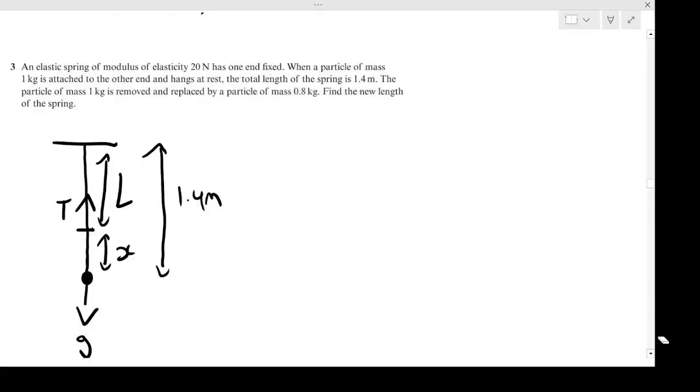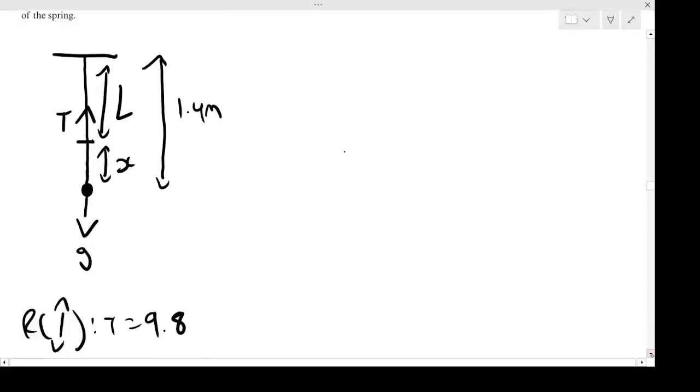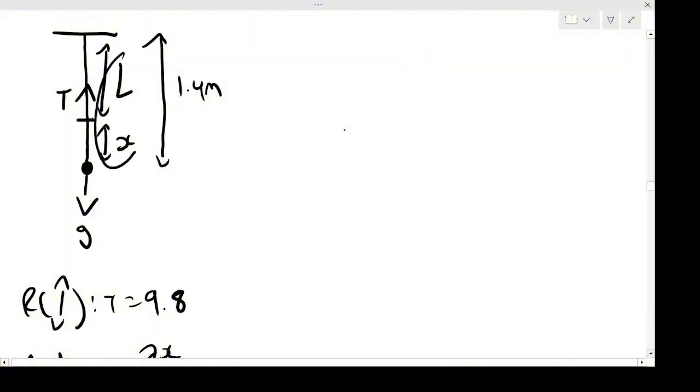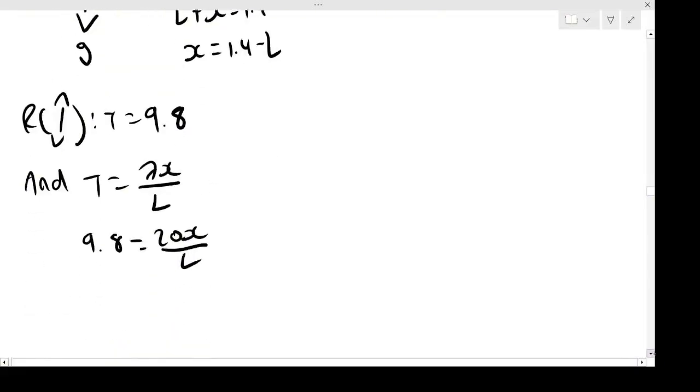So actually we can come up with an equation linking the lengths together, like with the last example. The original length L plus the extension x has to equal the total of 1.4. So x is 1.4 minus L. So we can sub that into here. So 20x is going to be 20 lots of 1.4 minus L. So that means 9.8L is going to be 20 times 1.4, which is 28.